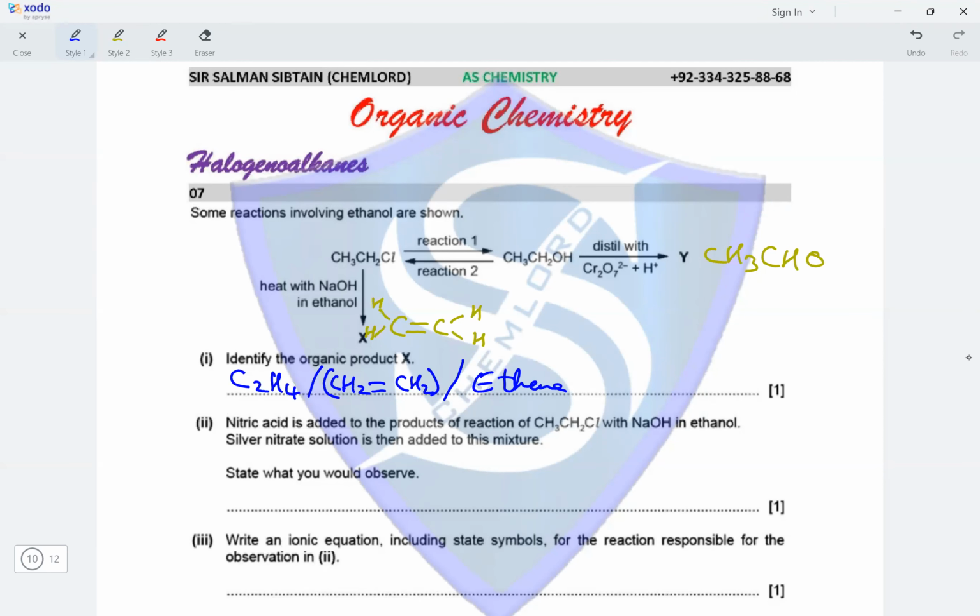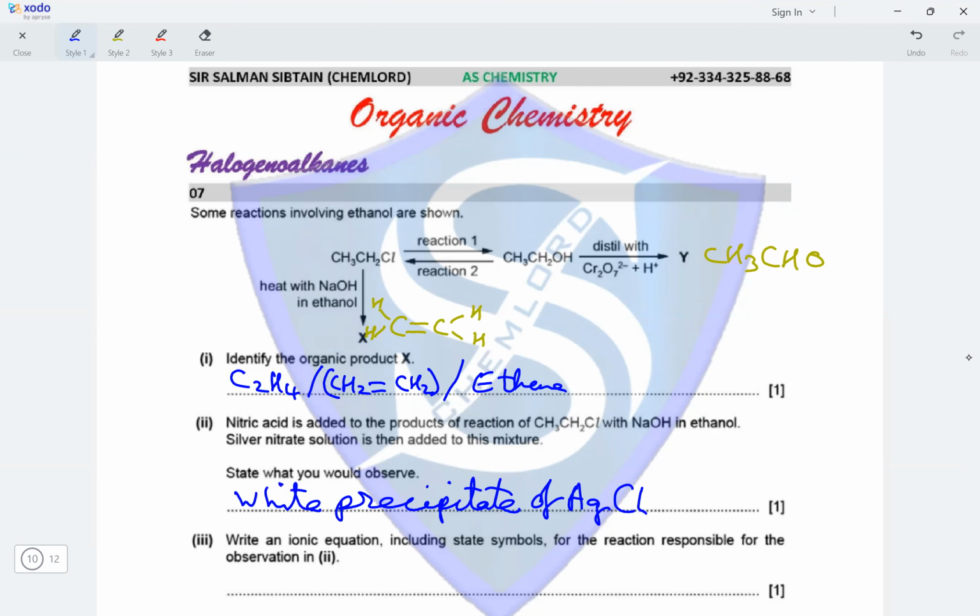So when NaOH is added, it would result in the formation of the alkene and NaCl. And upon addition of nitric acid, the remaining NaOH would be neutralized. And on addition of silver nitrate, the NaCl would react with silver nitrate, producing a white precipitate of AgCl.